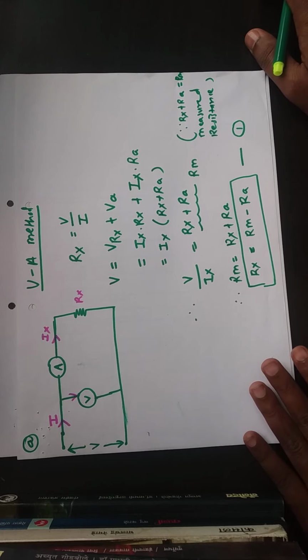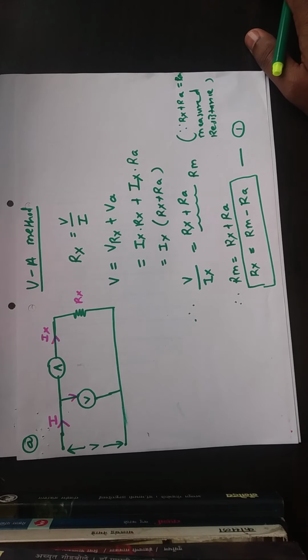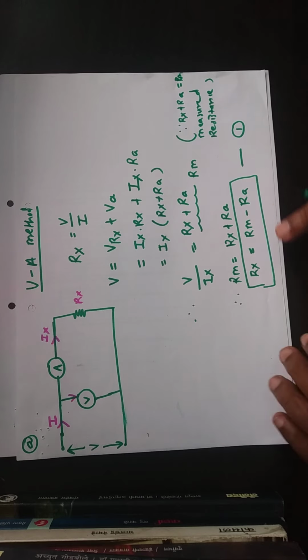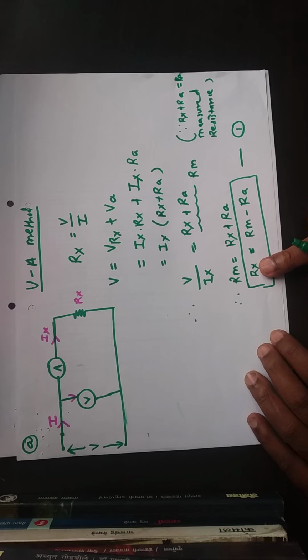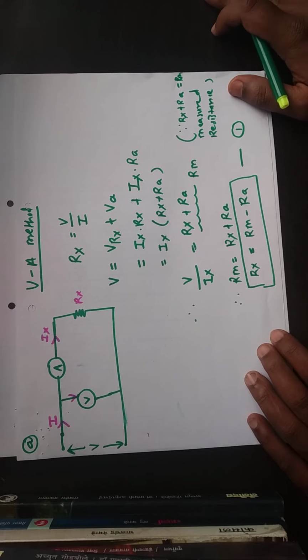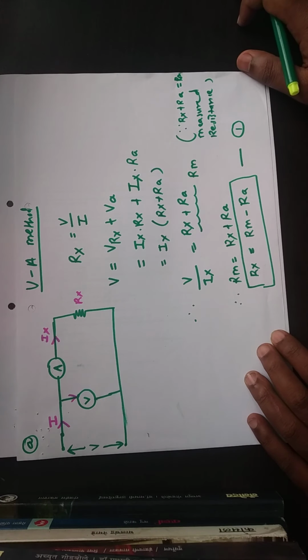This is one of the limitations of this circuit, the Volt-Ammeter method. That is our first arrangement to measure the unknown medium resistance. With the help of the equation Rx is equal to Rm minus Ra, you can calculate the unknown resistance.